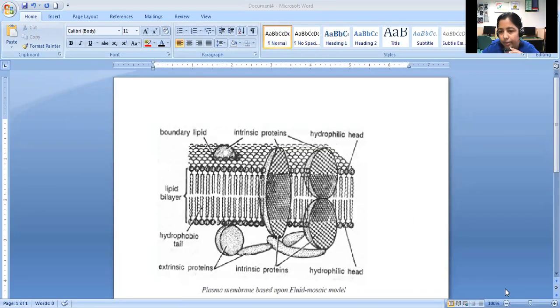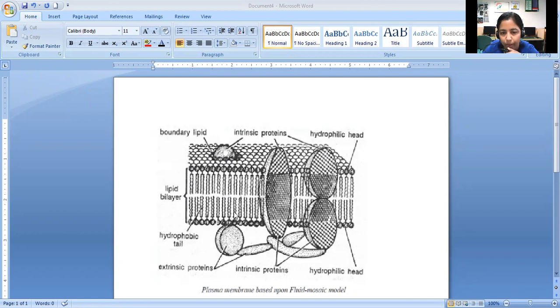In this diagram, you can see the plasma membrane based on the fluid mosaic model. These are the boundary lipids present on the boundary side with intrinsic proteins and the hydrophilic heads. And here is the bilayer with the hydrophobic tails.